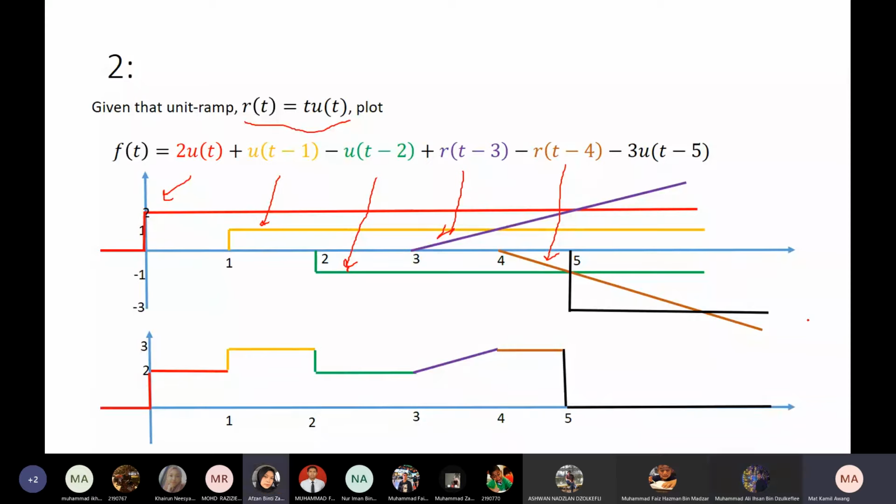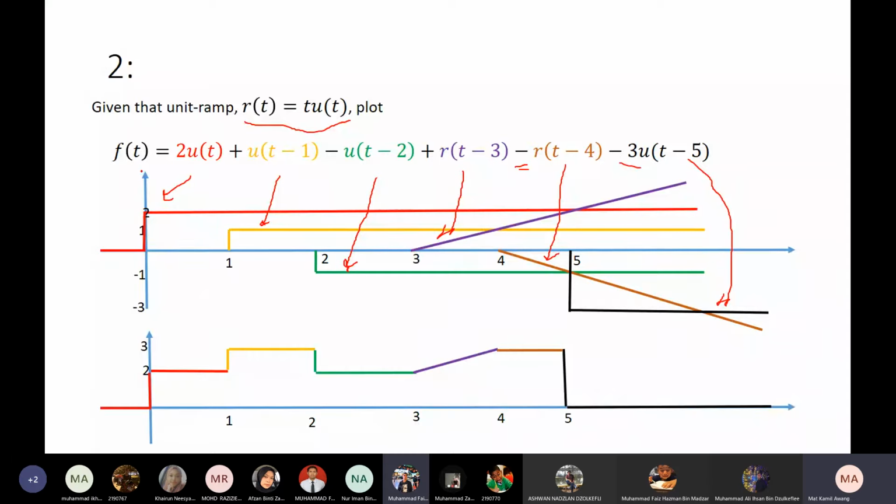Why is it sloping down? Because of the negative sign. Then the last one is a unit step function at a delay of 5 seconds, and the amplitude is negative 3. So these are the individual signals.